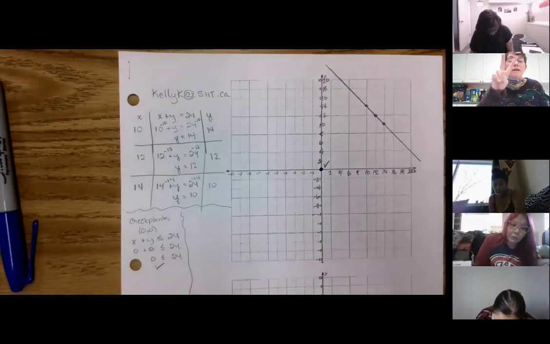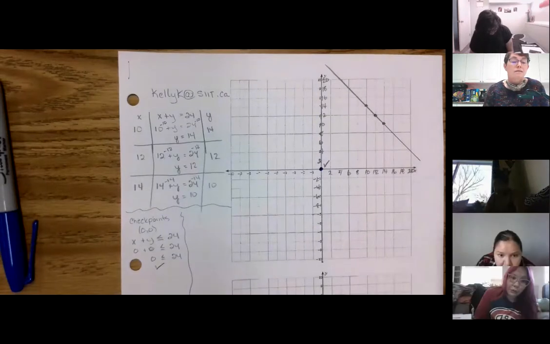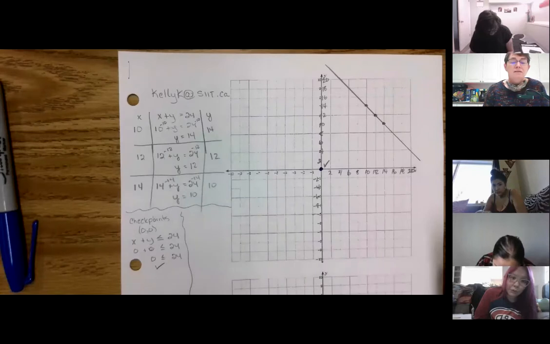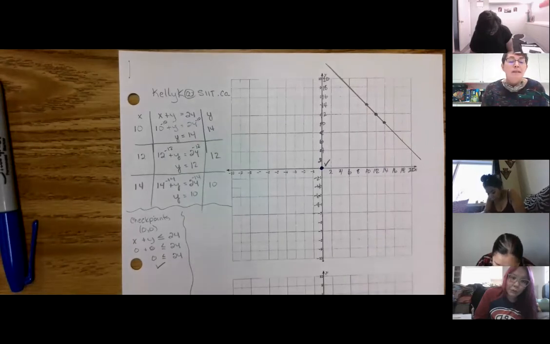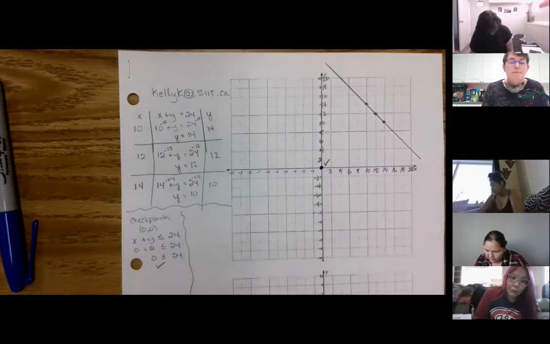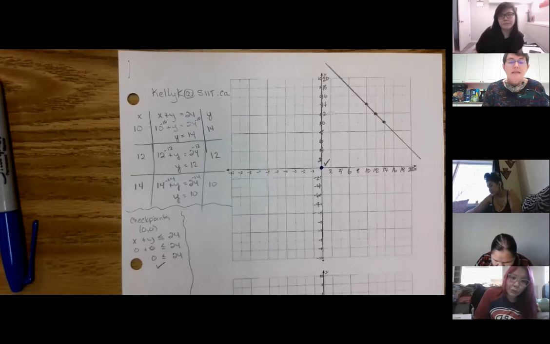Now, always 2 checkpoints. Dominique, I have not heard from you this morning. Can you give me a suggestion for a point that I can use for my second checkpoint? Does it have to be on the other side? Yes, it does.